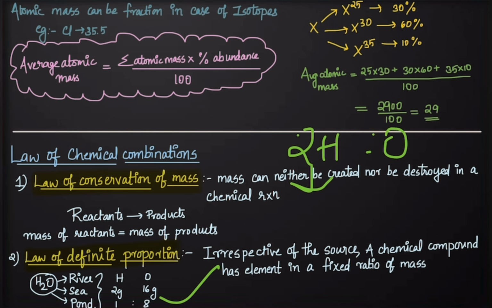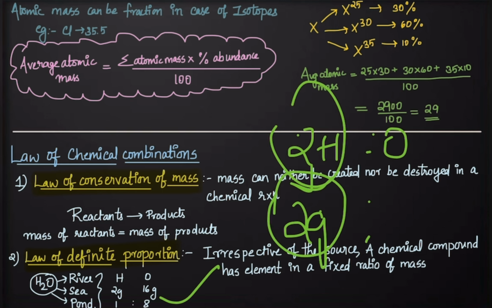1 hydrogen has mass 1 gram, 2 hydrogen has 2 gram, expressed in gram, that is 2 mole. 2 mole hydrogen has 2 gram and 1 mole of oxygen has 16 gram.